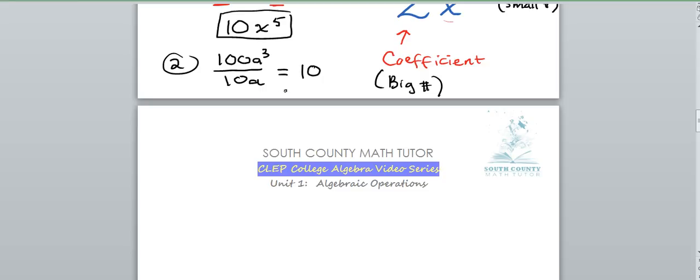Whenever you have a variable with no exponent, the exponent is assumed to be 1. Okay, so a cubed divided by a to the 1 power, you subtract the exponents, so 3 minus 1 is 2. So this is 10a squared.